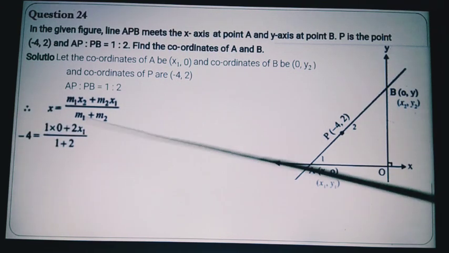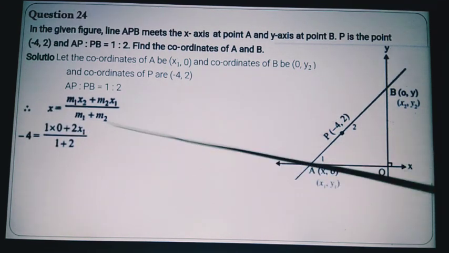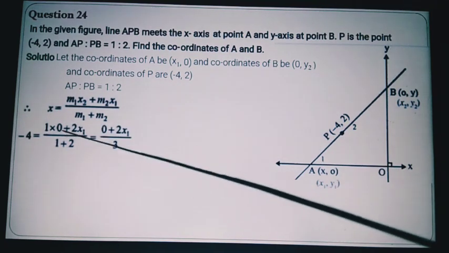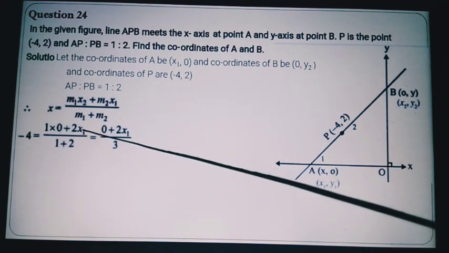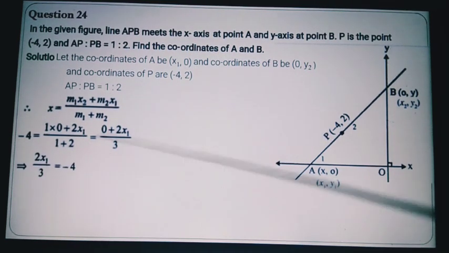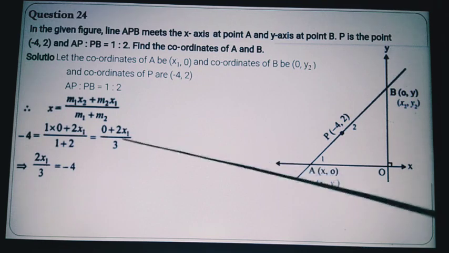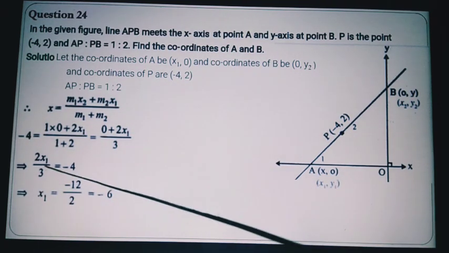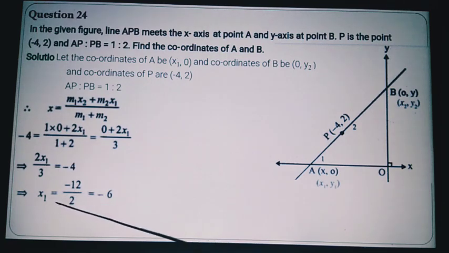So if I put that, with x as -4, then I'll get 1 into 0 is 0, 0 plus 2x1 is 2x1 by 3. So 2x1 by 3 is equal to -4. Do the cross multiplication and find the value of x1, which turns out to be -6.